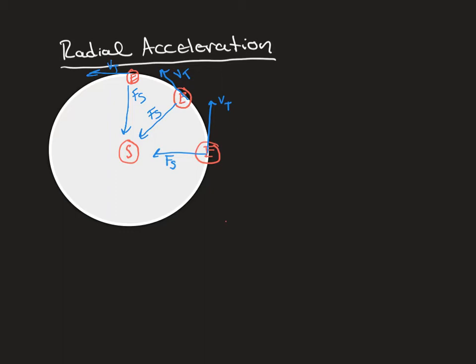So this means we need to talk about acceleration a little bit differently, because as I said, the magnitude of the velocity remains the same, but we can see that the arrow is pointing in different directions.